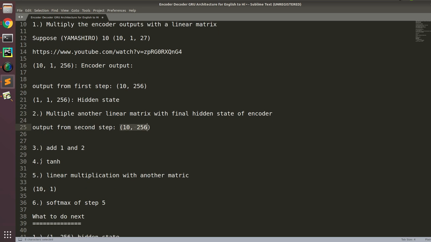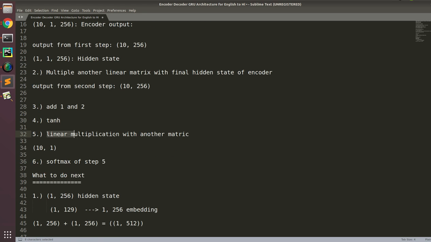Then we applied an activation function. After that there is a linear multiplication with another matrix called the attention matrix, which provides the attention weights or alpha values. I just name it with the Greek letter alpha, you can name it lambda, it's your choice. Then we apply a softmax, because the softmax provides the alpha weights.